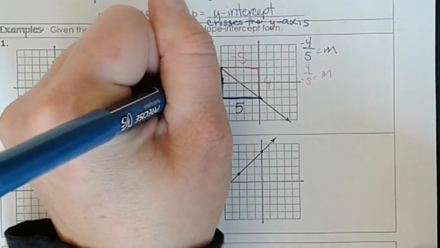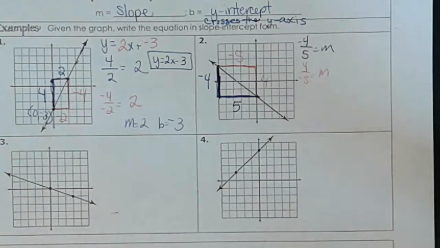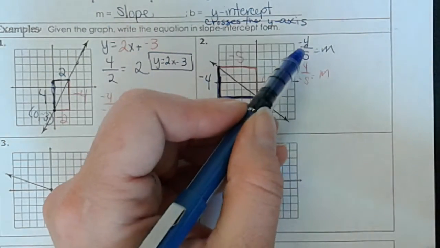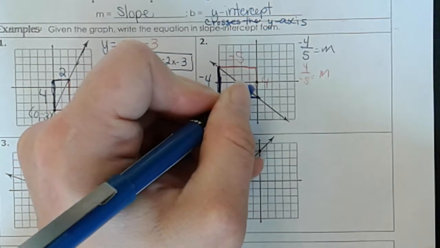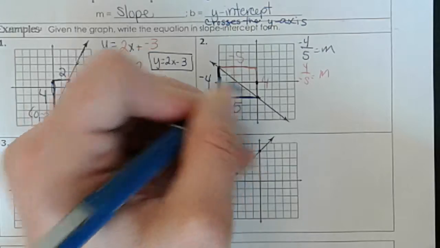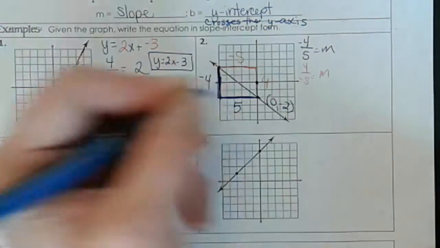The convention is to start on the left and count to the right, just like reading a book. So that's a good habit to get into, but like I said, either way you're going to get to the same answer if you can just understand and conceptualize that, okay? So our slope is negative 4/5, and now let's see our intercept. We start at the origin and we count down 1, 2. So this line meets the axis at 0, negative 2.